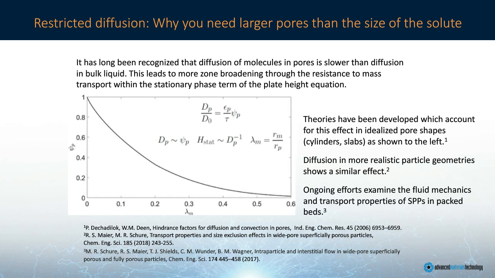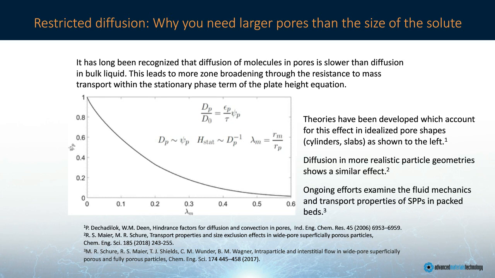On the x-axis, you'll see lambda m, which is the ratio of the radius of the molecule to the radius of the pore. As the radius of the molecule approaches about half the size of the pore, the diffusion into the pore is being restricted.